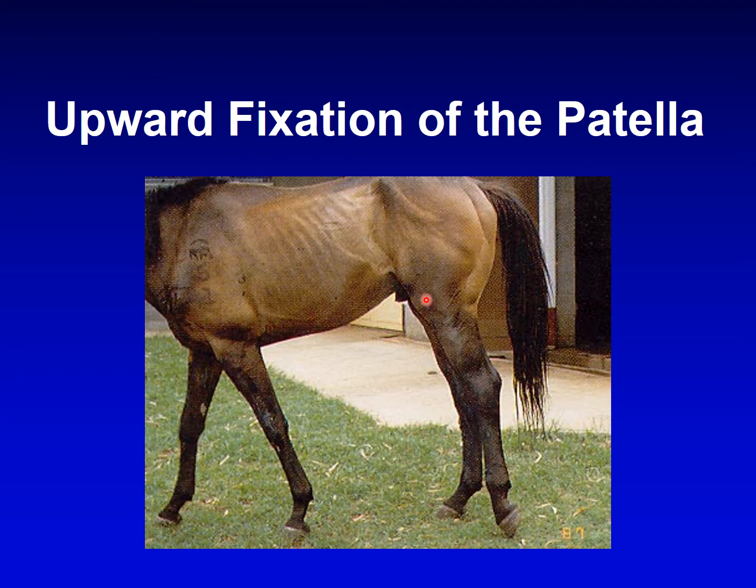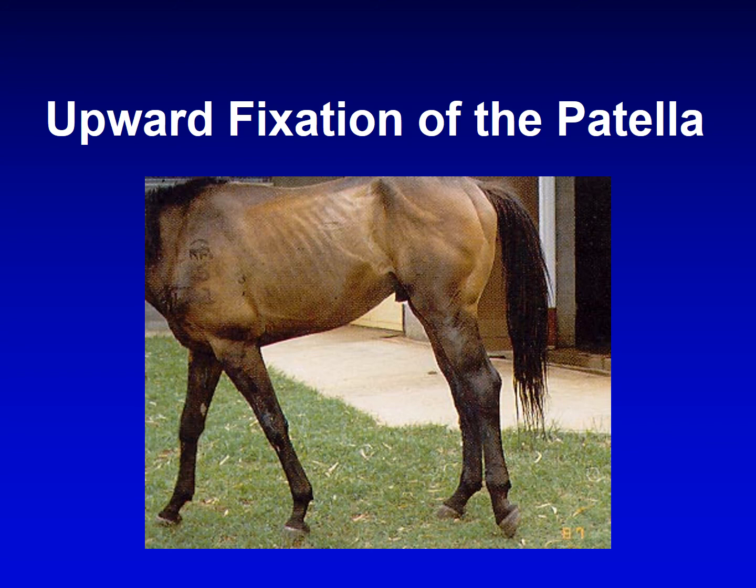In order to fix this case, you cut the medial patellary ligament in a standing horse. Once you cut the medial patellary ligament, the patella is basically released from its locking position, and the stifle goes back to normal. Of course, it takes some time to heal, but the limb goes back to normal.